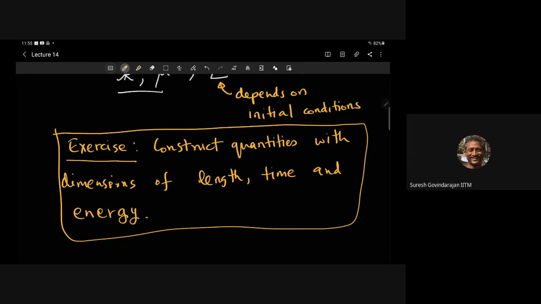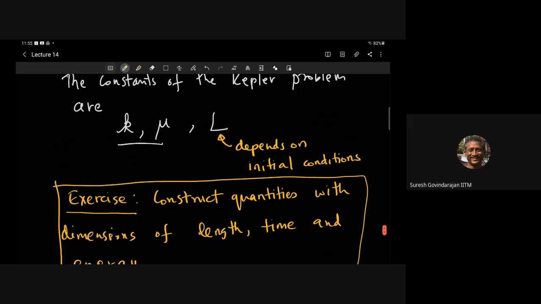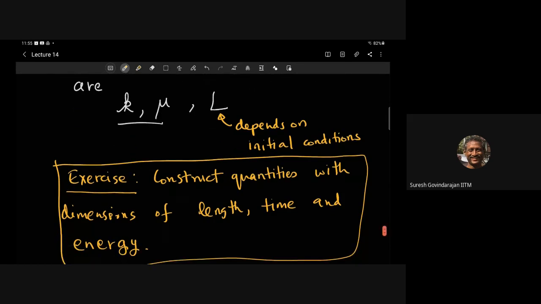Okay. So you do this, and this will be our starting point from tomorrow. And what we will see is that the first thing you should observe is that without angular momentum, with just K and mu, you cannot solve this problem. So you will need some power of L, angular momentum, to come into the story. And you can go back in quantum mechanics, you can replace L by h bar.